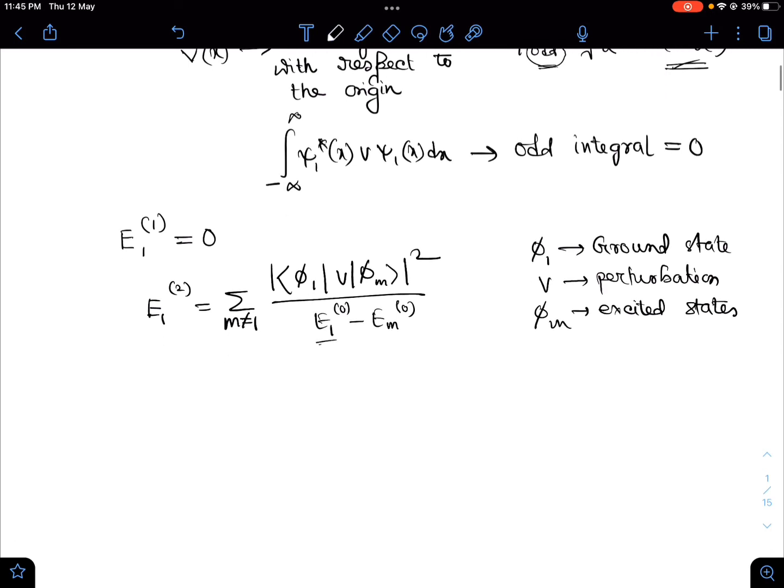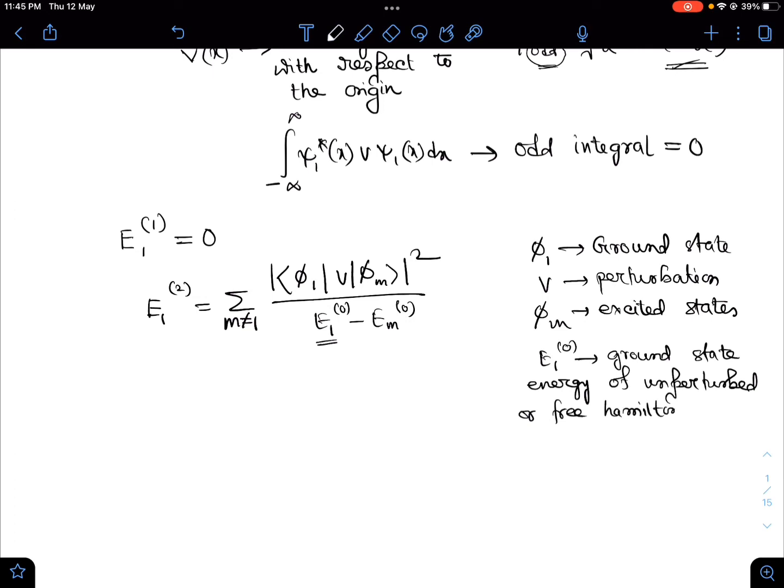Here E1(0) is the ground state energy of the unperturbed or free Hamiltonian, and similarly Em(0) signifies the mth state energy of the unperturbed or free Hamiltonian.